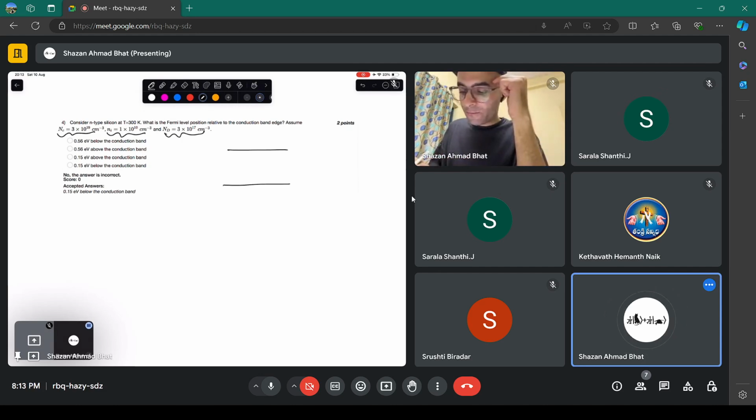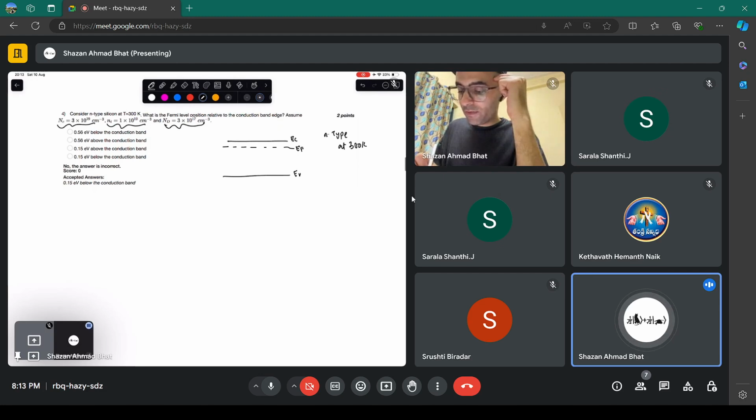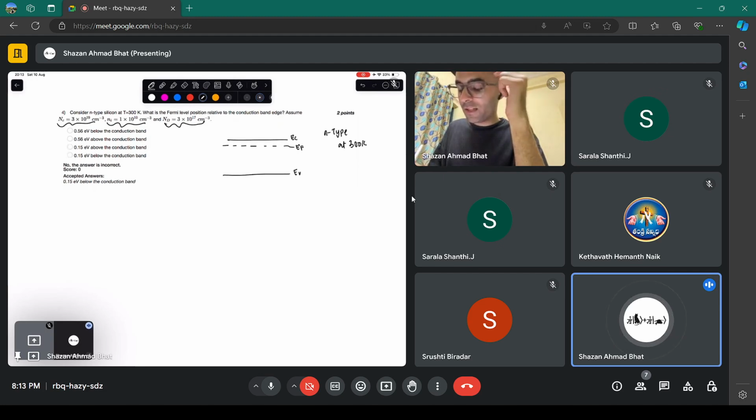Okay, so you have n-type silicon at 300 Kelvin, and you know that if it's n-type, the Fermi level will be somewhere near the conduction band. That's what the professor might have covered. If the Fermi level is somewhere near the valence band, it is more of a p-type. And what you have to do is compute the Fermi level position related to the conduction band.